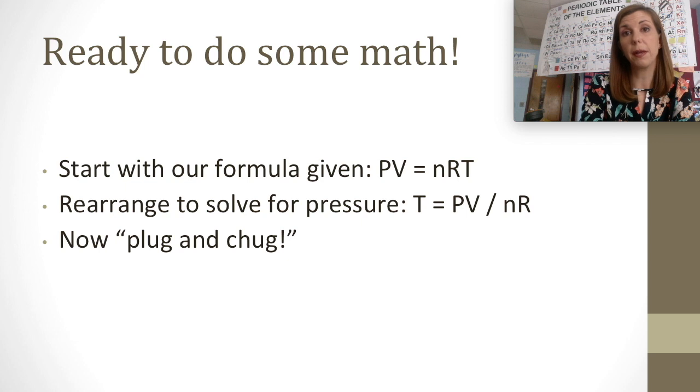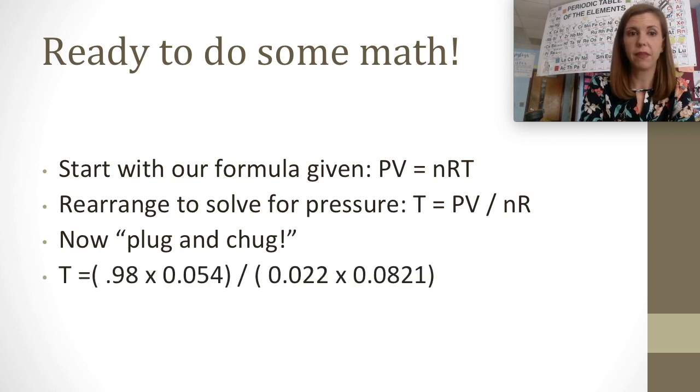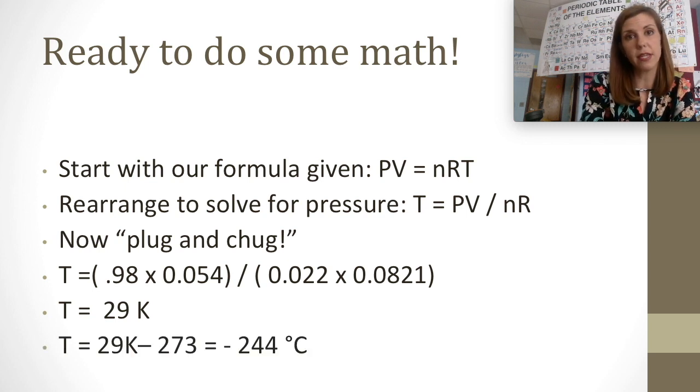Now we just plug in the numbers that we just finished converting. My pressure in atmospheres times my volume in liters divided by my moles times my R value. This gives me 29 Kelvin. However, the question asked for the temperature in Celsius. So to go back to Celsius, just subtract 273 to get negative 244 degrees Celsius.